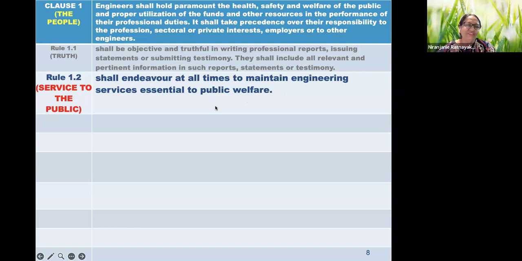Because engineering, as we often say, is a people-serving profession, right? So we deal with things that are directly affecting the people, society. So we must endeavor at all times to maintain engineering services essential to public welfare.